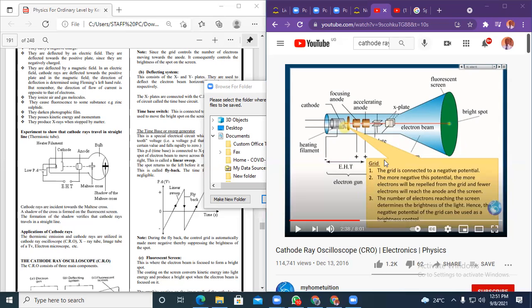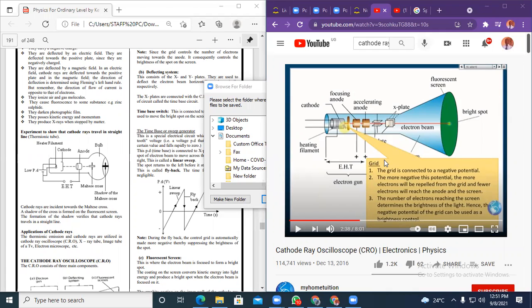The more negative the potential of the grid, the fewer the number of electrons that are allowed to reach the anode and the screen. And the less negative the potential of the grid, the higher the number of electrons allowed to reach the anode and the screen.